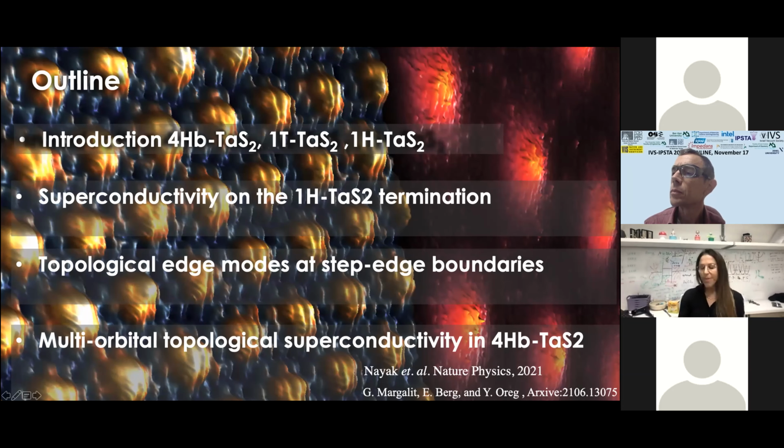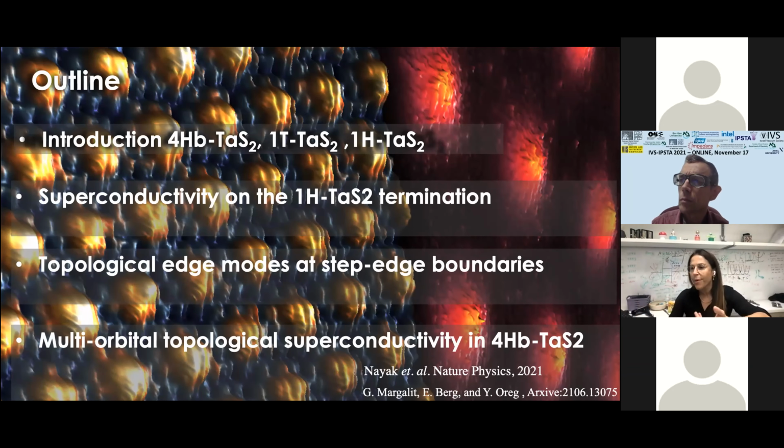So, okay, the outline will be as follows. I'll start with an introduction about 4Hb, and then I'll talk about the two polytypes that make up this layered compound, and then I'll present the superconductivity that exists on the surface, and then I'll show you evidence for the visualization of the edge modes that are the signature for the topological classification of this superconductivity.